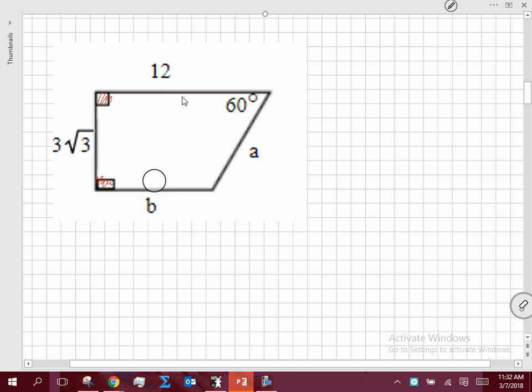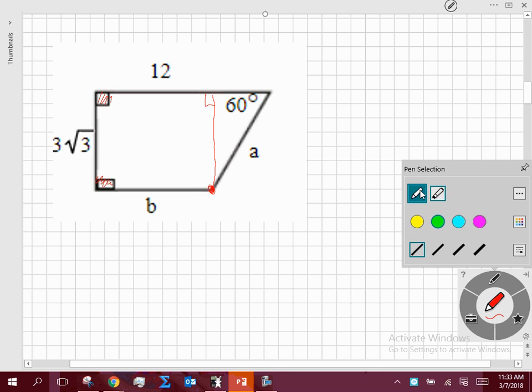So from this point here, would you agree that there are a lot of lines that can go to that other base from that point? Would you agree that one of them is going to be perpendicular? Okay. So now what kind of triangle do we create right here? A 30, 60, 90.